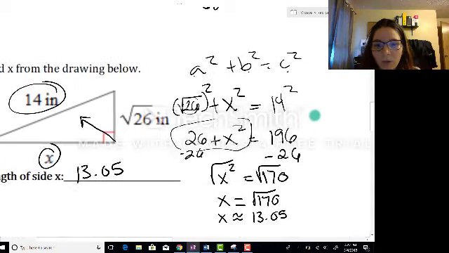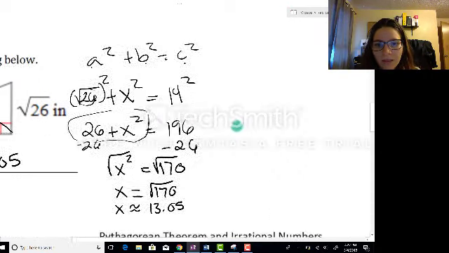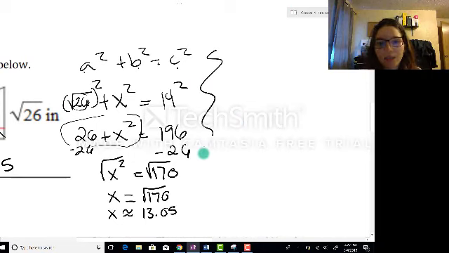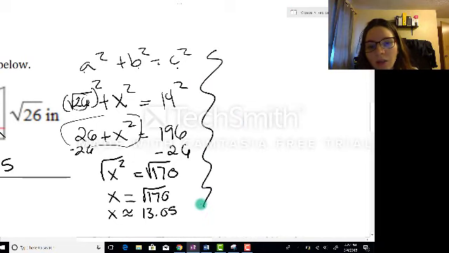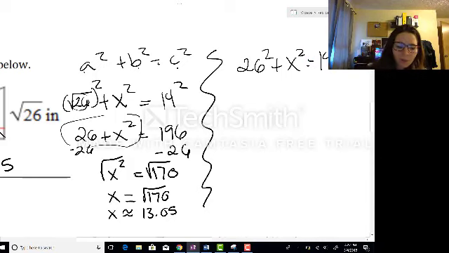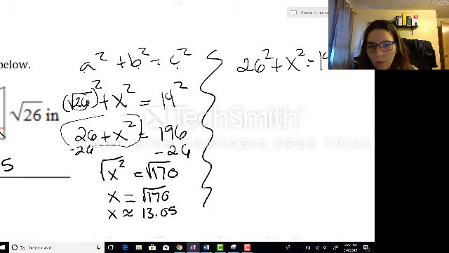So logically, when we're looking at that, let's say that I did the error that a lot of students ended up doing. So you have 26 as my a squared plus x squared equals 14 squared. Let's say that you did this. I'm looking at what you're looking at, and it makes sense as to why you would try to do this. But remember that the Pythagorean theorem says that a squared plus b squared equals c squared.